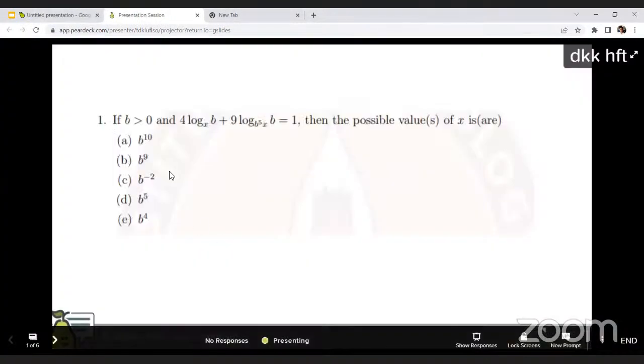This is your first question, right? You can answer in the text box mentioned on the right hand side of your screen.